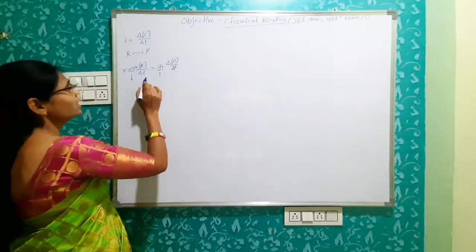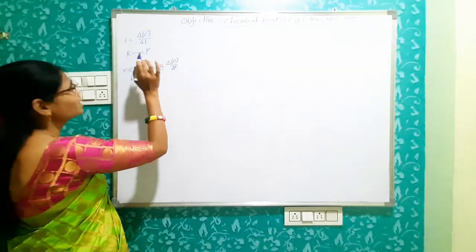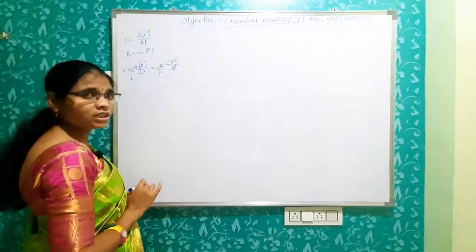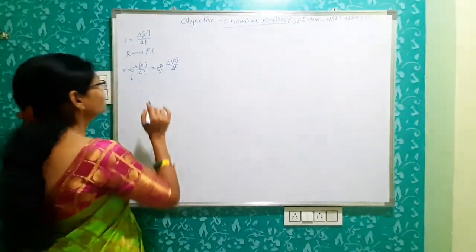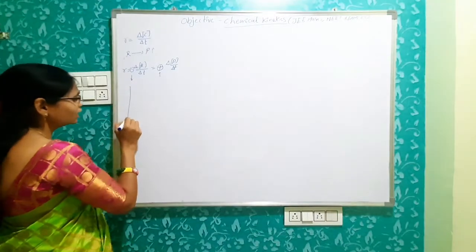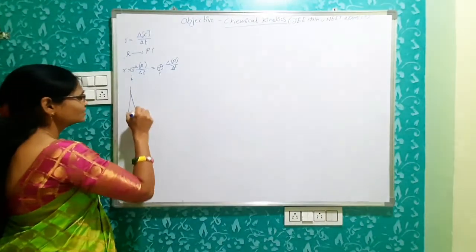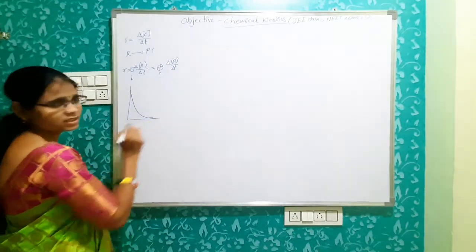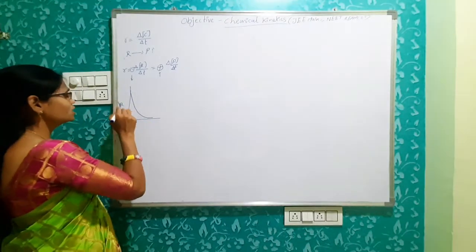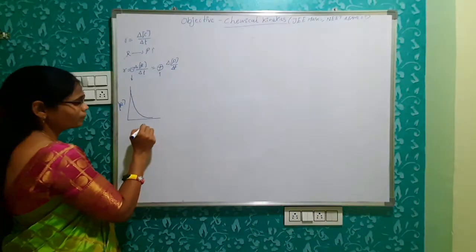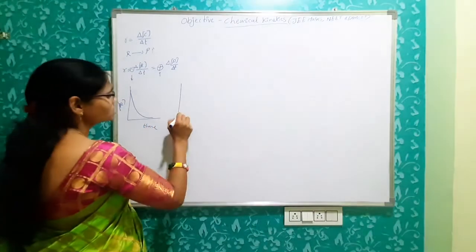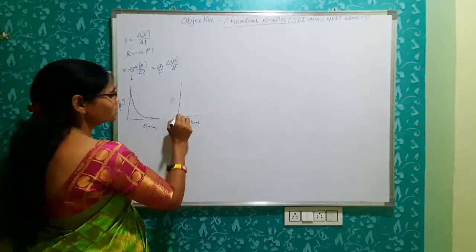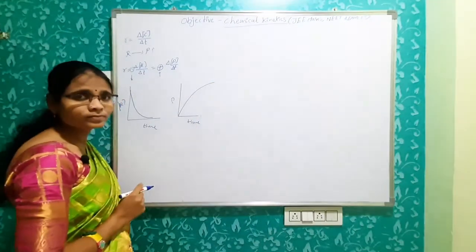As the reaction goes on, reactant concentration decreases and product concentration increases. Then how to draw the graphs? This is the reactant graph: reactant concentration gradually decreases with time. Here is the product graph: product concentration gradually increases with time.